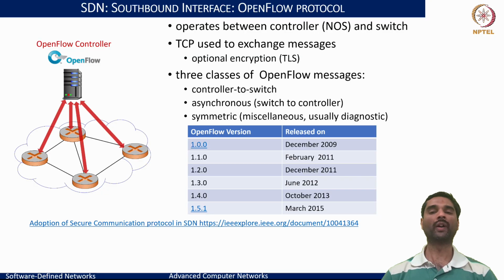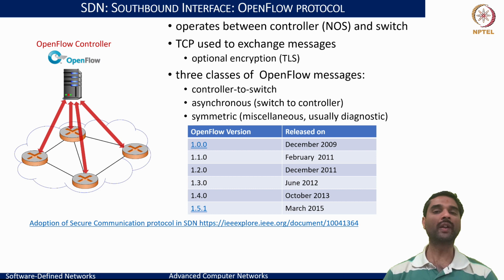Let us now try to look at the OpenFlow protocol, which is the southbound interface for the SDN to communicate with the network devices. This operates between the SDN controller or the network operating system and the switch or the routing devices.